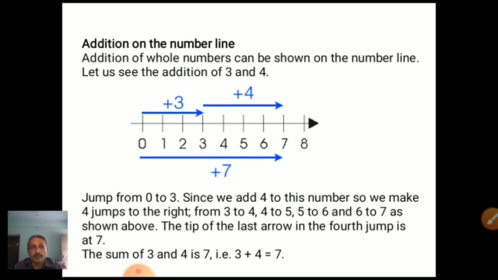Now 3 to 4, 4 to 5, 5 to 6 and 6 to 7, because we have to jump 4 times. As shown above, the tip of the last arrow in the 4th jump is at 7. Thus, the sum of 3 and 4 is 7. In mathematical way, we can write 3 plus 4 is equal to 7.